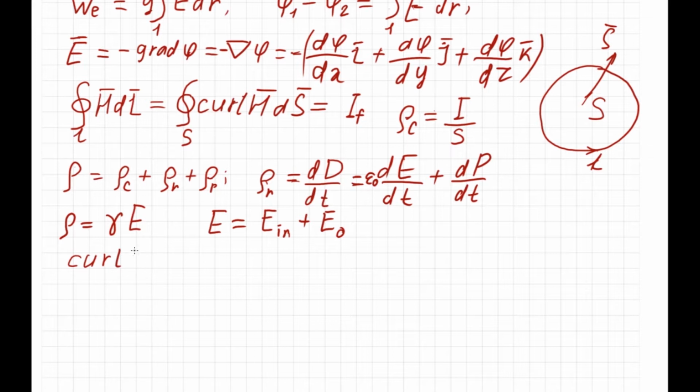If we divide this formula by the area, we will get this: gamma is conductivity, times the electric field, plus the derivative of the electric displacement by time.